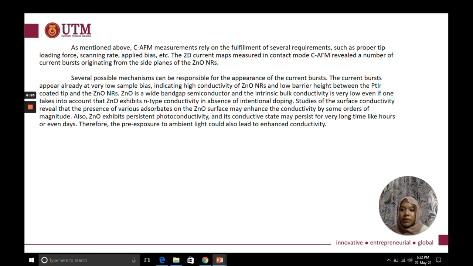The current bursts appear already at very low sample bias, indicating high conductivity of zinc oxide nanorods and low barrier height between the platinum iridium coated tip and the zinc oxide nanorods. Zinc oxide is a wide bandgap semiconductor and the intrinsic bulk conductivity is very low, even if one takes into account that zinc oxide exhibits n-type conductivity in absence of intentional doping.